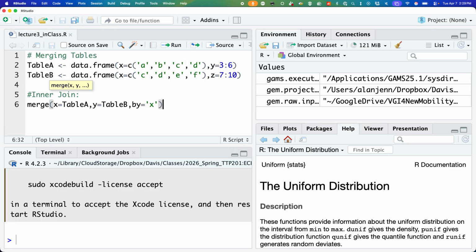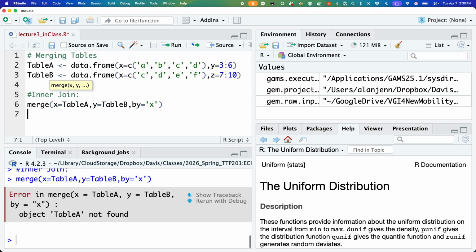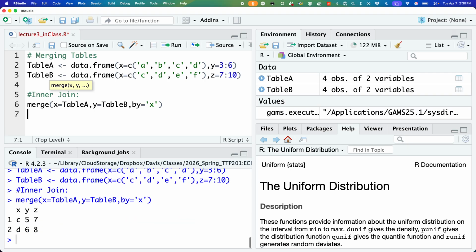If I run this, we should be getting exactly what we predicted and drew out, right? What I had said for inner join is that we should see returned the values that are intersecting in both tables, which are C and D, and the values corresponding to them in the other columns. So I hit enter, and of course I didn't run it yet, so here we go.